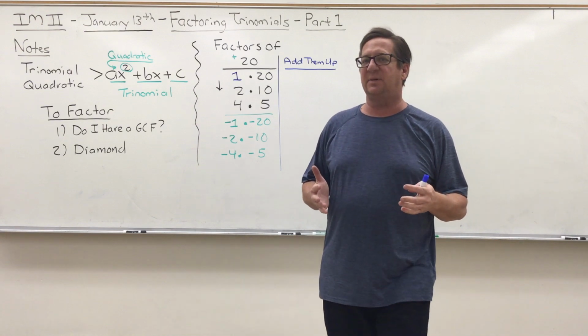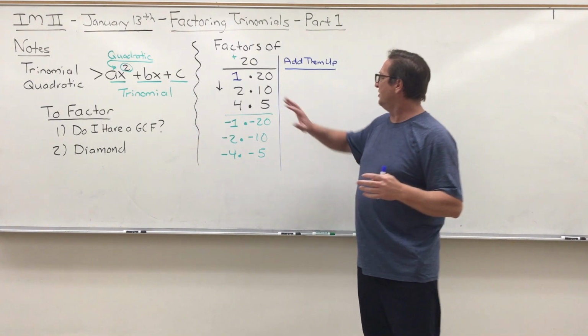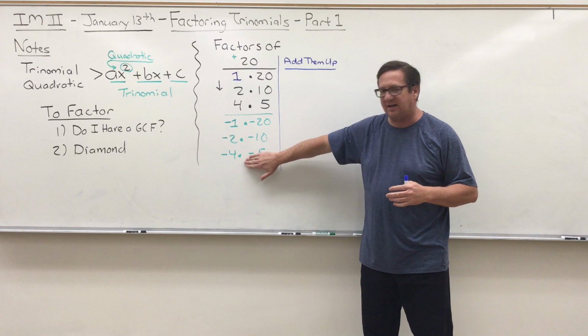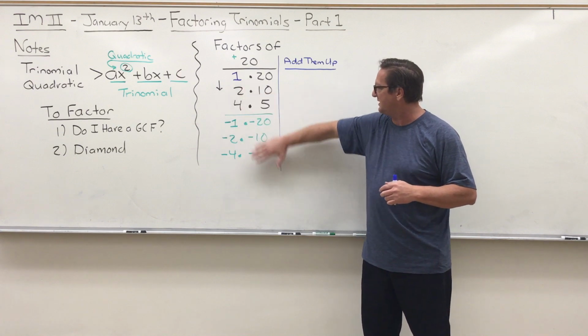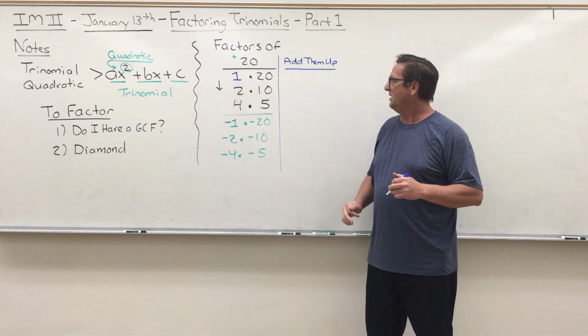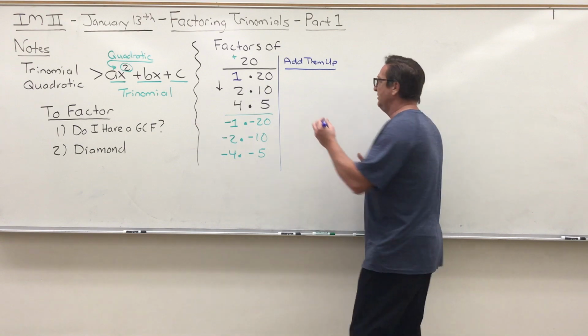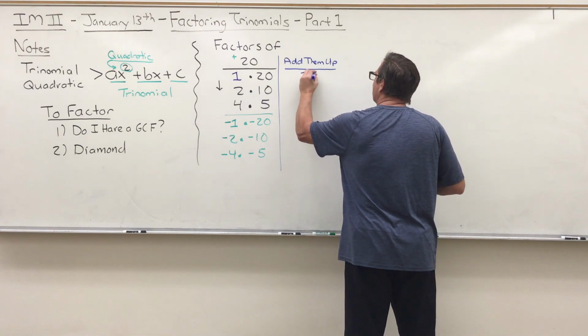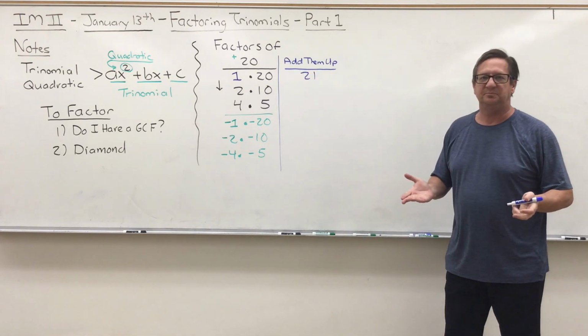What if we add them up? And so all of these, there's our times sign, and that all gives us a positive 20. But if we were to add them together, we would get 21.